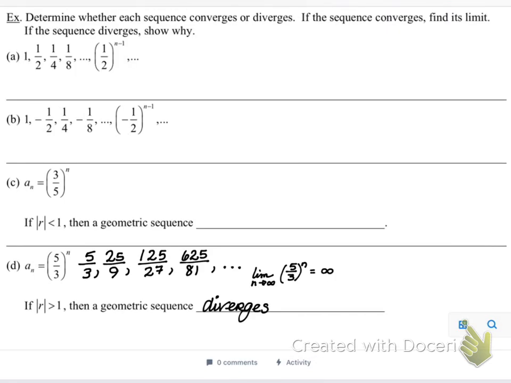On the other hand, in example D, you see that the numerator just keeps getting considerably larger than the denominator, which tells us that the limit as n approaches infinity of (5/3)^n equals infinity, so we can say that the geometric sequence diverges.